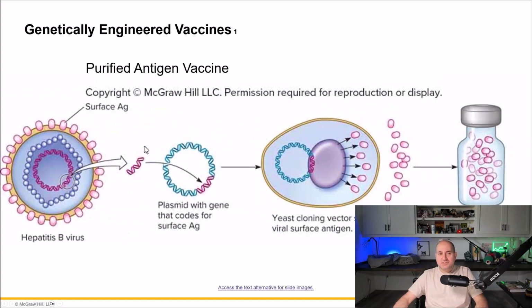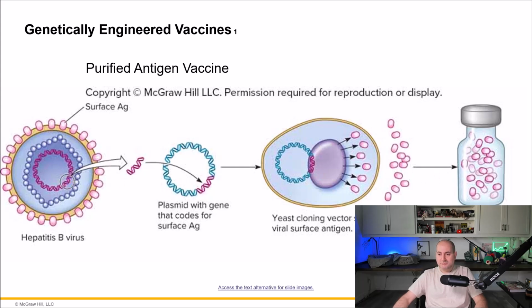And then lastly, you can use genetic engineering. You can take a gene from a virus and put that into a plasmid, and then have the plasmid injected into a yeast cell, right? Transfected into a yeast cell. And then that yeast cell will produce that protein that came from that original viral gene.